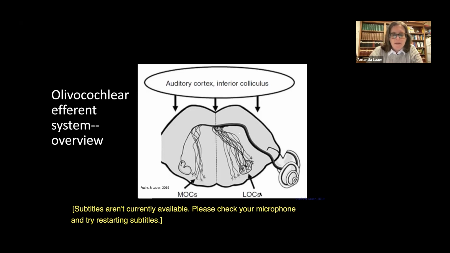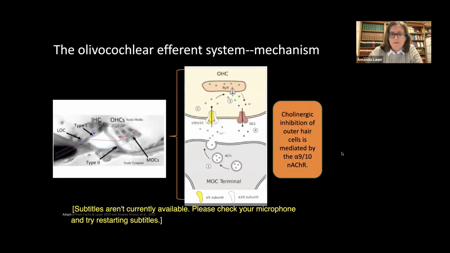Okay, and if you look in at the ear where these things form terminals, we primarily know about the outer hair cell efferent synapse here with the medial olivocochlear neurons. These are forming huge direct synapses with the outer hair cells.